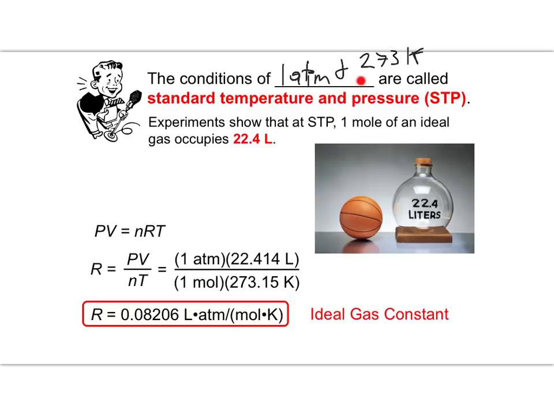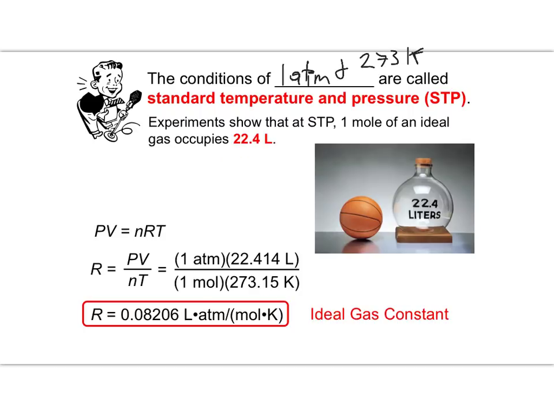Under these conditions, it was found that a mole of any ideal gas occupies a volume of 22.4 liters. Whether it was a mole of helium, nitrogen gas, or oxygen gas, 1 mole of that gas would occupy this volume.